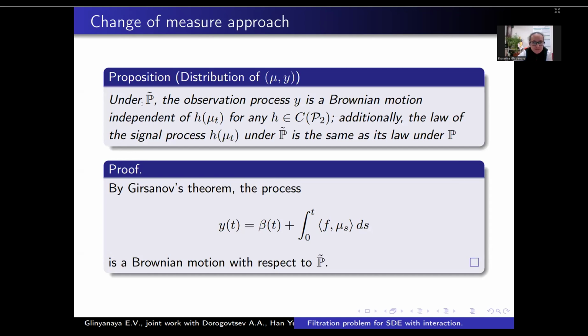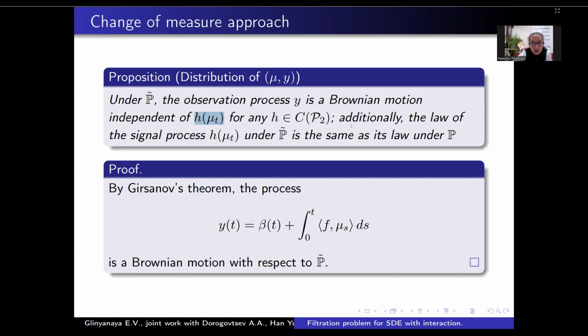So then with such a new probability measure p tilde, the observation process y will be a Brownian motion, and it will be independent of functionals of mu t for any continuous, maybe I should write here bounded function on the space of probability measures.